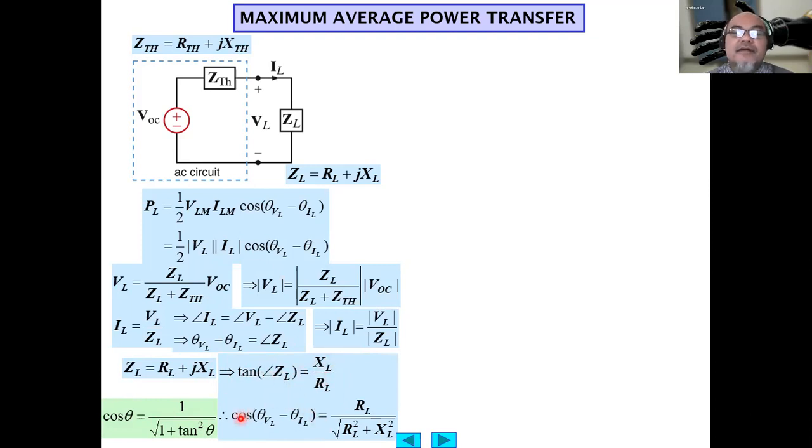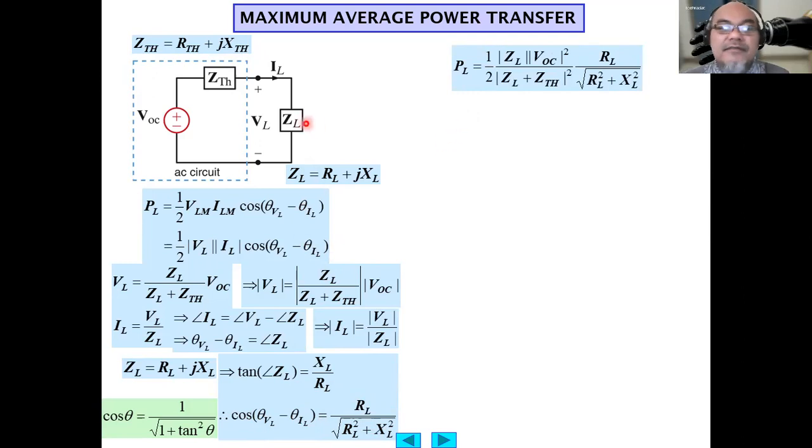So the cosine equals RL divided by the square root of RL squared plus XL squared.